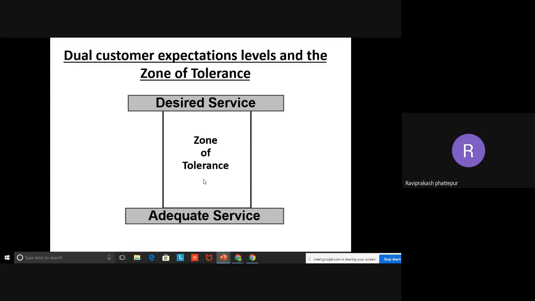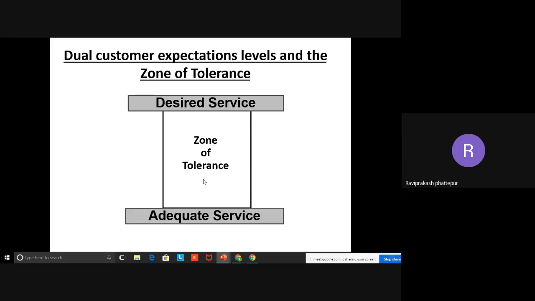If you move above, in the sense of more than desired, if you move ahead of the desired service, then people recognize. They feel that okay, this is the best service that I have got. That is the better one than others if we are comparing with something else. So you are giving them a service which is better than the desired service.